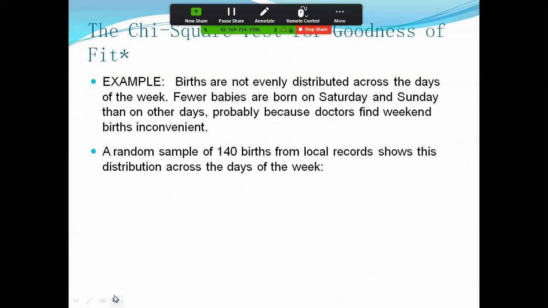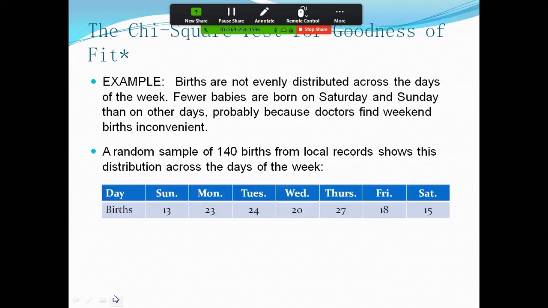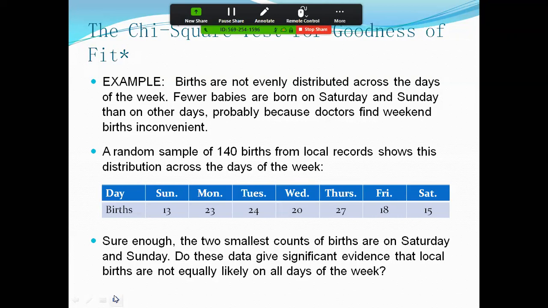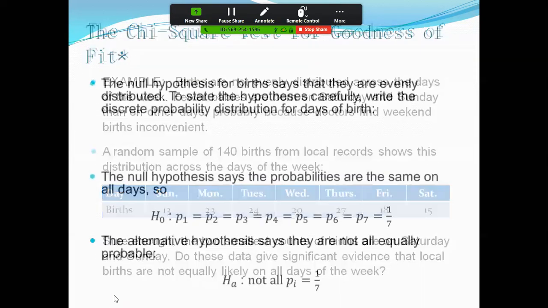A random sample of 140 births from local records shows this distribution across the days: 13 on Sunday, 23 Monday, 24 Tuesday, 20 Wednesday, 27 Thursday, 18 Friday, 15 Saturday. Sure enough, the two smallest counts of births are on Saturday and Sunday. Do these data give significant evidence that local births are not equally likely on all days of the week?